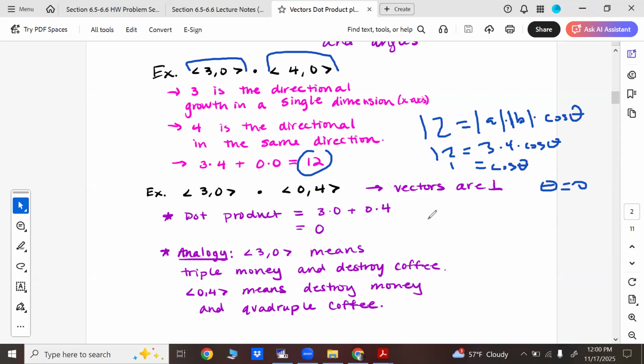Now here, your dot product is 0. Your magnitude is still 3 and 4, but cosine theta has to be 0. So if that's the case, what's your angle going to be now? 90 degrees, or pi over 2. And that makes sense because 3, 0, and 0, 4 are clearly perpendicular.